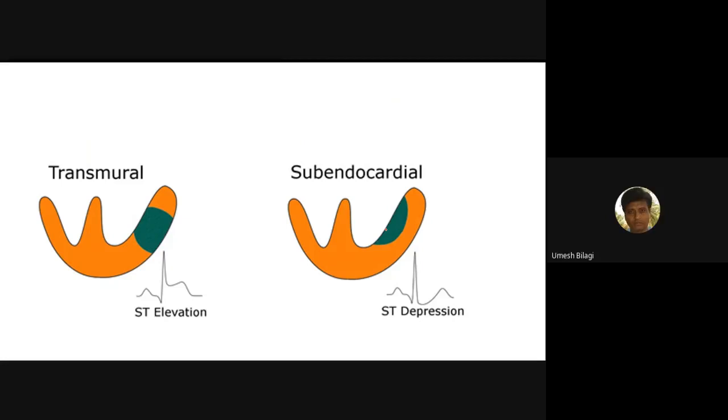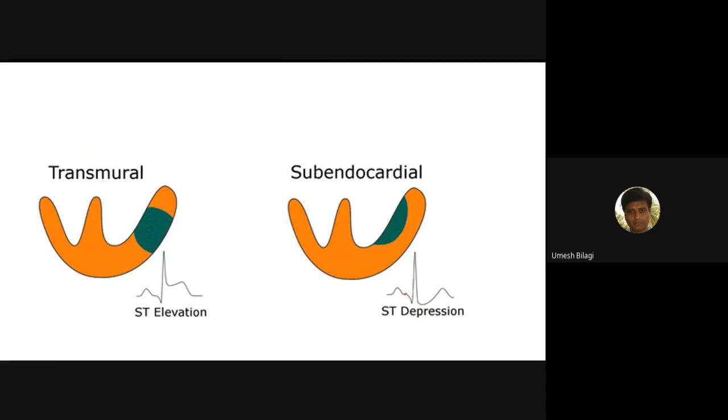When this kind of damage is there, it produces ST depression, but if the whole full thickness is involved, it produces ST elevation. If it is not full thickness, only limited to some endocardium, then it produces ST depression.